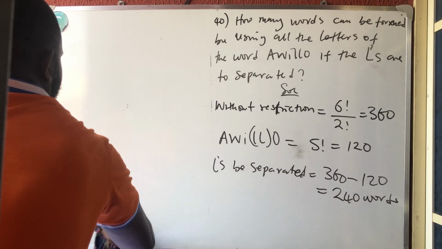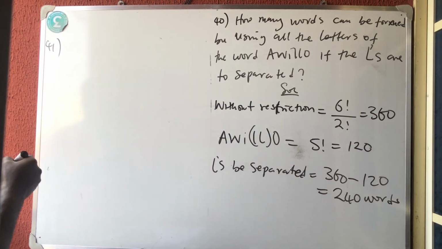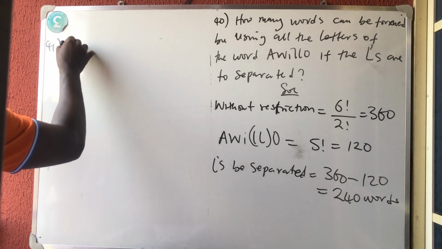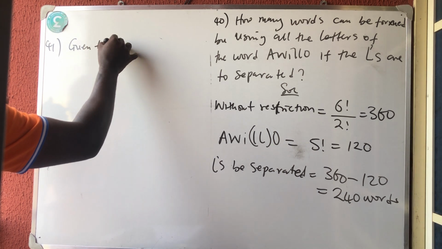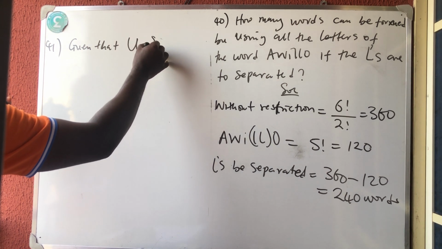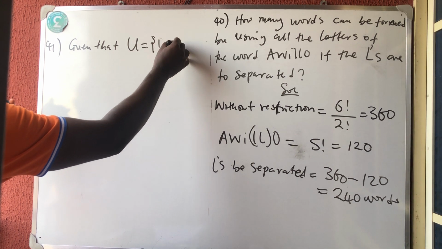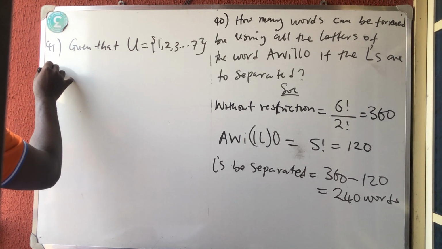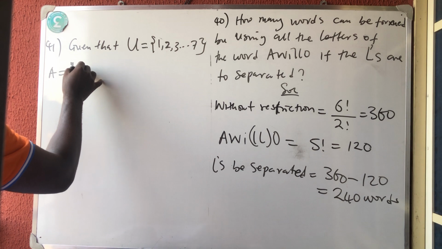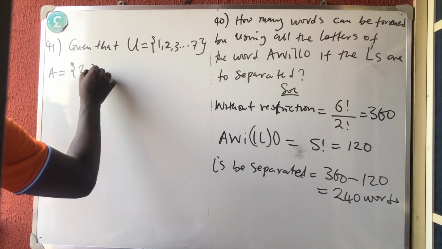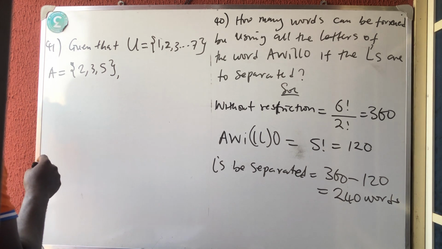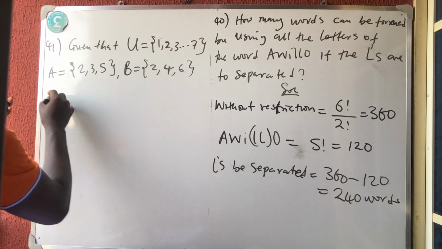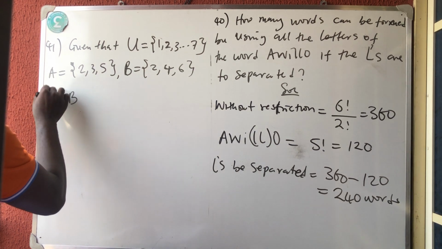Number 41 said, given that the universal set is 1, 2, 3 up to 7, and set A is simply 2, 3, and 5, and set B is simply 2, 4, and 6, then we should find A union B complement.